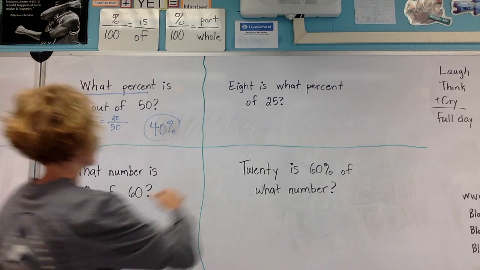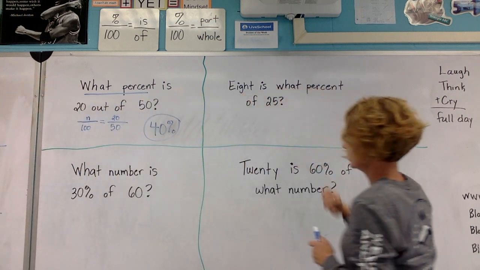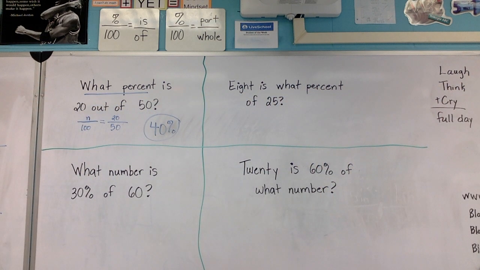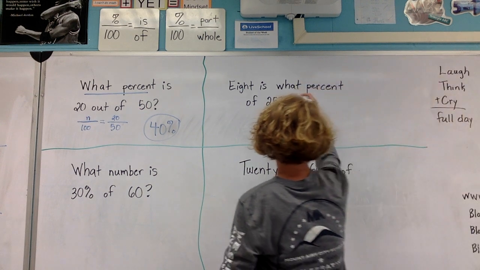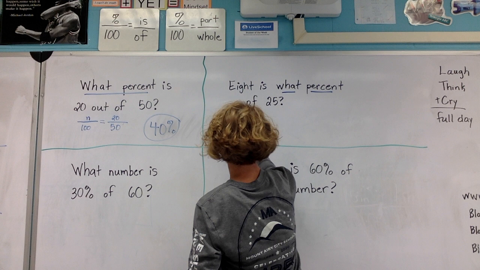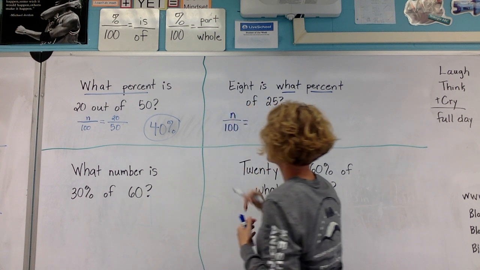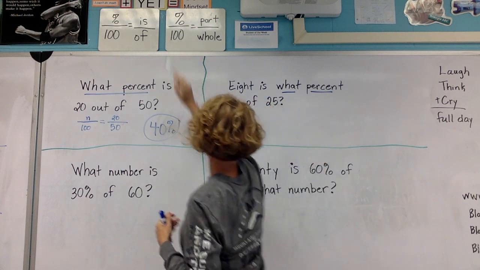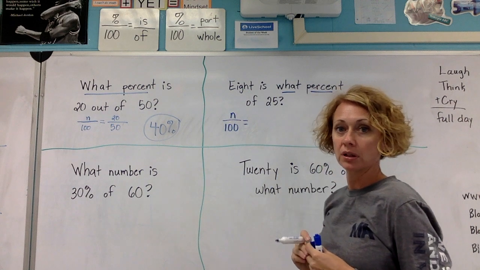It says 8 is what percent of 25? All right, so in this one, I notice that my sentence starts with a number that's written out as a word, but I'm still looking for what percent. So I'm going to start this proportion as n over 100 because I'm looking for the percent number in the problem.